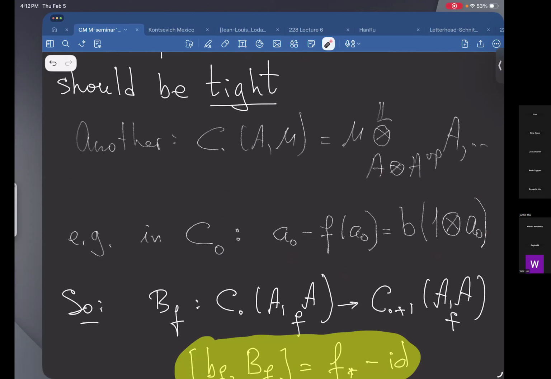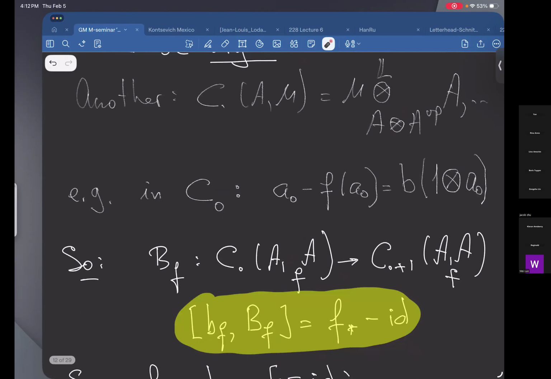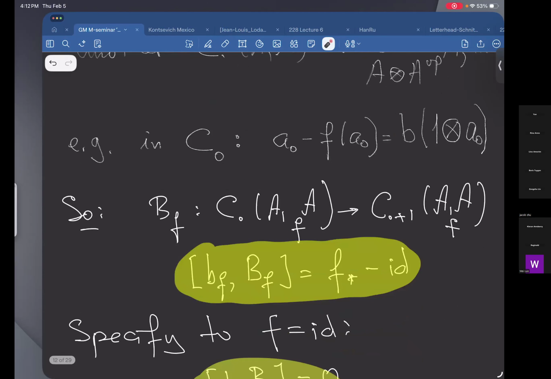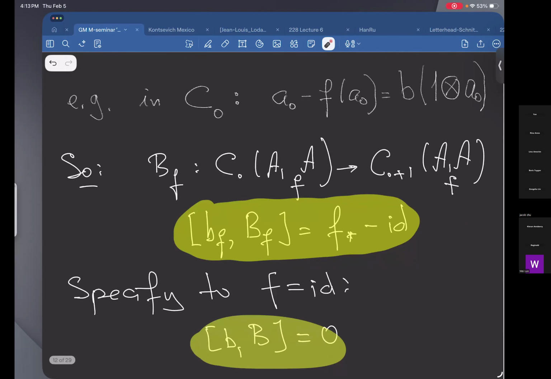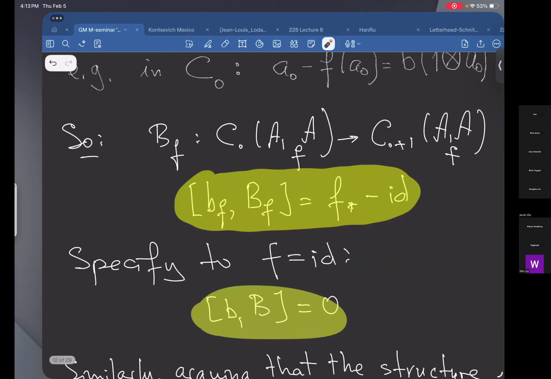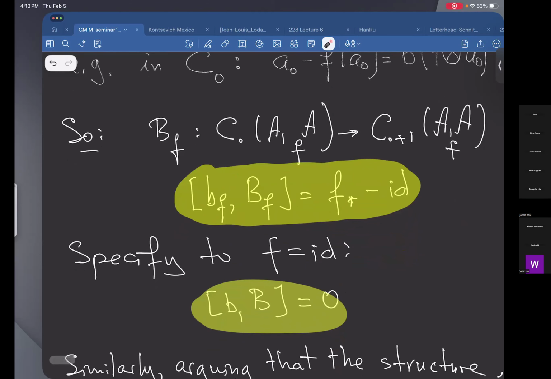And when you understand what this bold L is, they must be homotopic. And yes, there is an explicit homotopy. So you have this formula, and when you specialize it to f equal to identity, you get this.